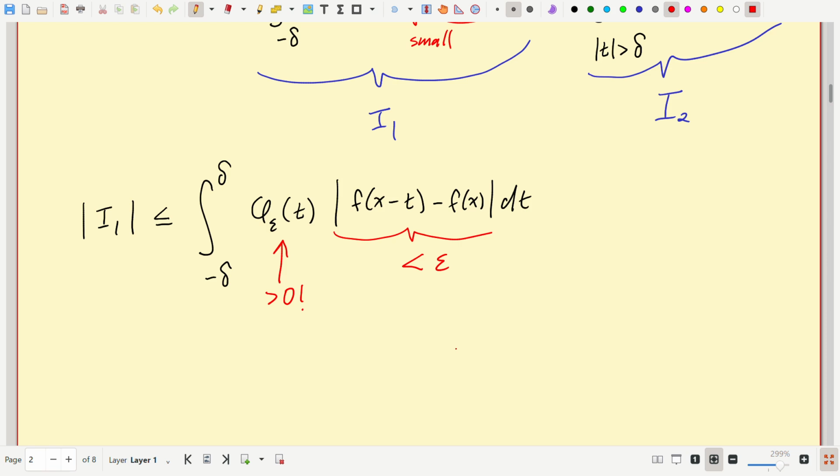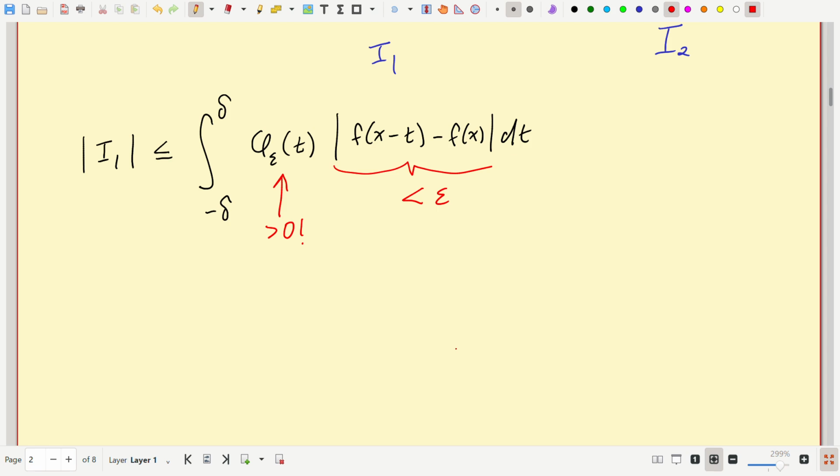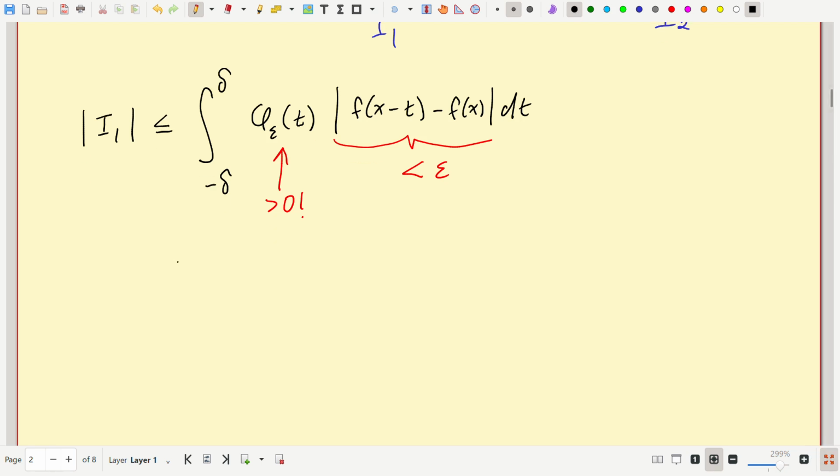And so you do think, oh, that's less than epsilon. But from minus delta to delta, that's where the phi sub epsilon gets humongous as epsilon goes to 0, so think, oh, darn, that's not bounded. But it has the key property that the integral of the whole thing is 1. So the key property of a good kernel is that this is less than or equal to epsilon times the integral from minus delta to delta, where this thing is big. But this is an integral, it's not the sup.